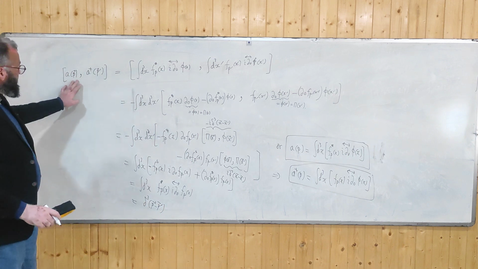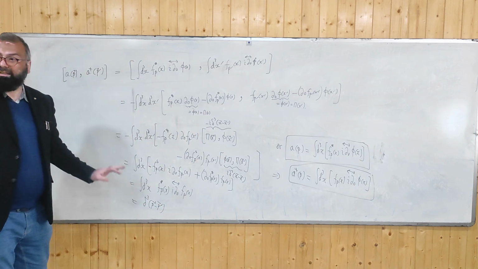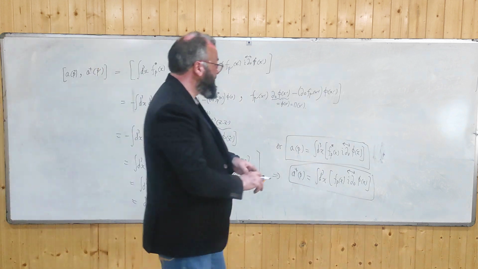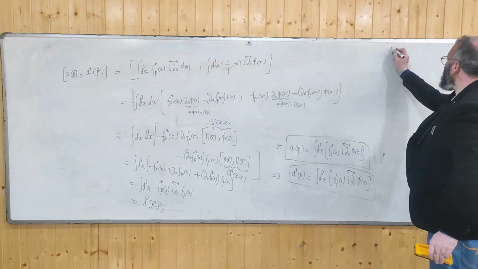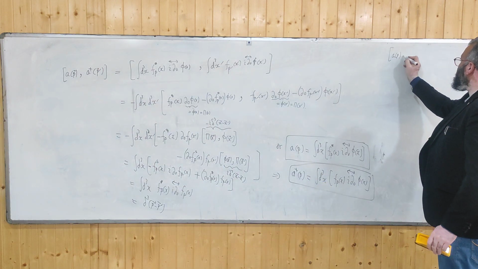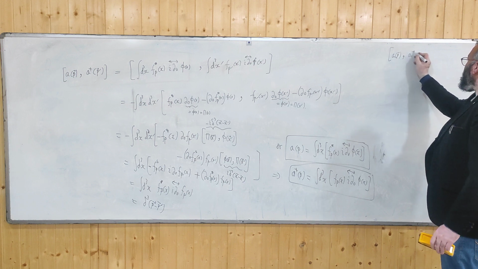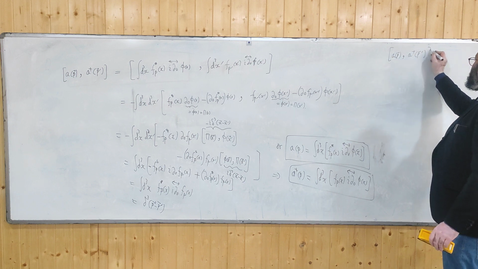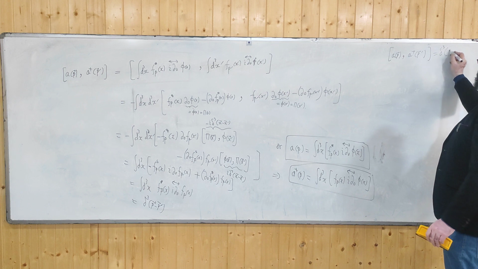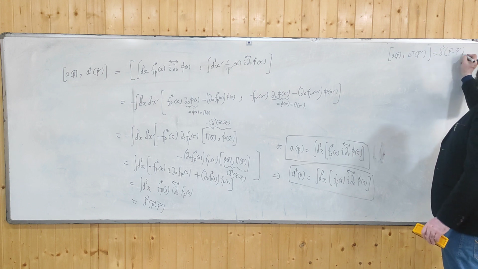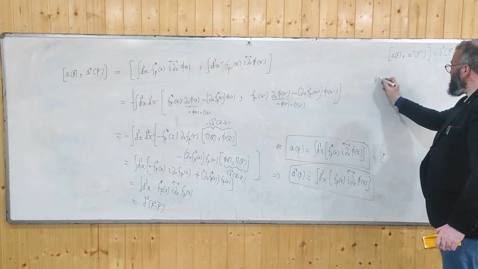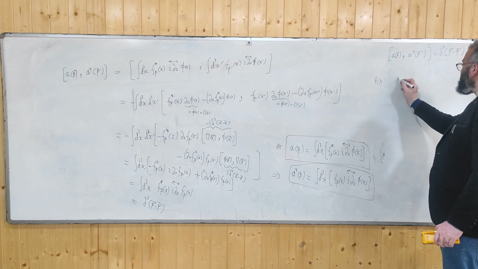So that means A of p and A dagger of p prime have this kind of commutation relation: that's simply equal to delta 3 p minus p prime. Clear? So showing this will be the home assignment for you.